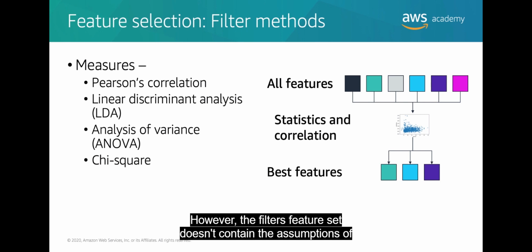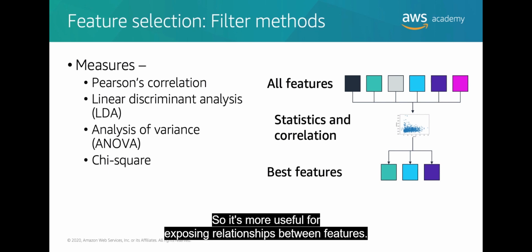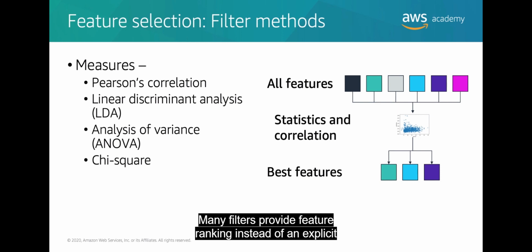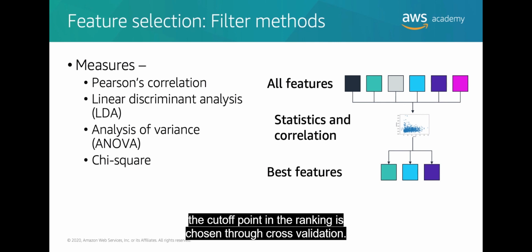However, the filter's feature set doesn't contain the assumptions of a prediction model, so it's more useful for exposing relationships between features. Many filters provide feature ranking instead of an explicit best feature subset, and the cutoff point in the ranking is chosen through cross-validation. Filters have also been used as a pre-processing step for wrappers, which enables a wrapper to be used on larger problems.